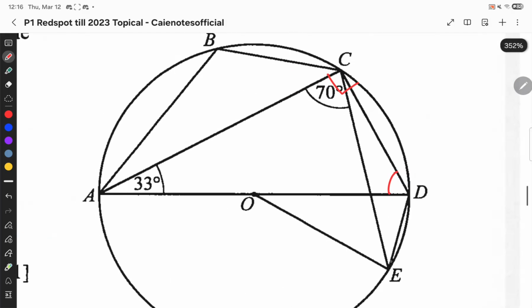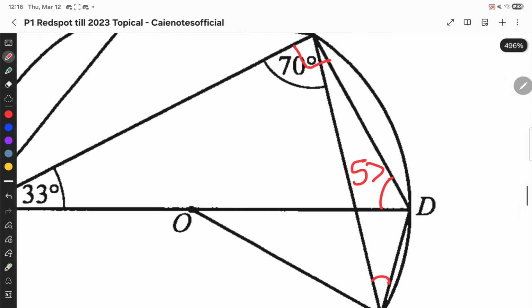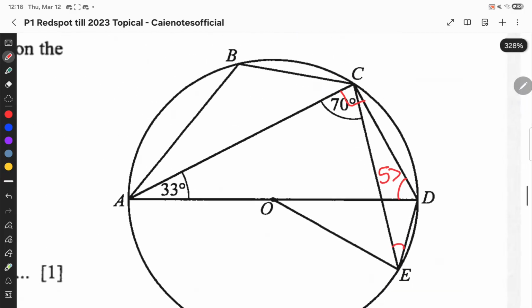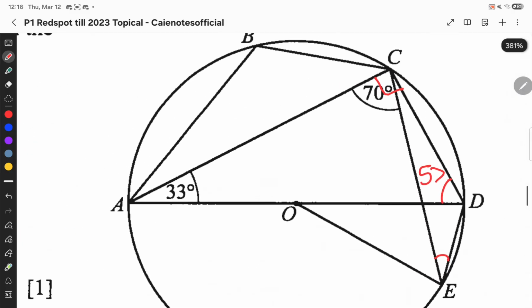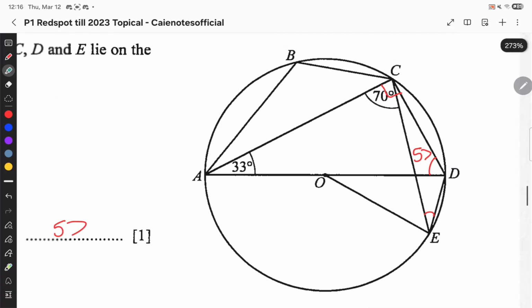How do you find D, E, and C? Well, we can do this by solving for things in our triangle. Firstly, we can find how this angle is made. This angle is made by C and D. Is there any other angle made by C and D?